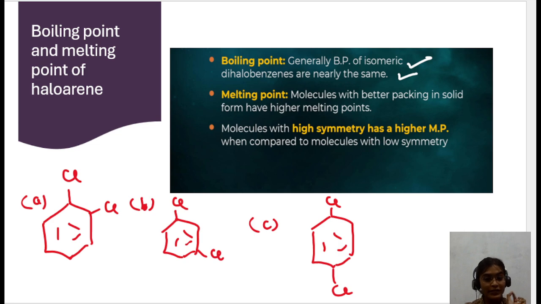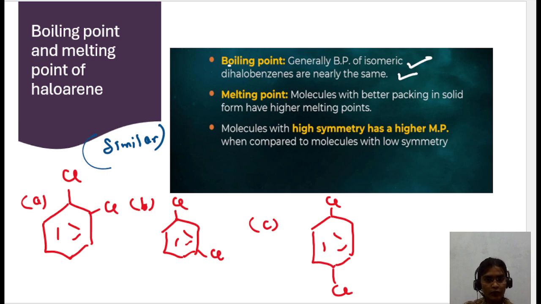Boiling point does not depend upon symmetry. Boiling point depends on the number of carbons, and on branching or not. Both are chlorine, so branching is not an issue there. So what does this first line state? That the boiling point of all three compounds is almost similar. It is written that the boiling point of the isomeric dihalobenzenes is nearly the same.